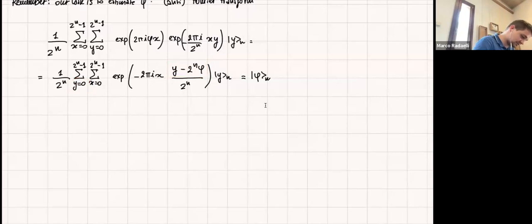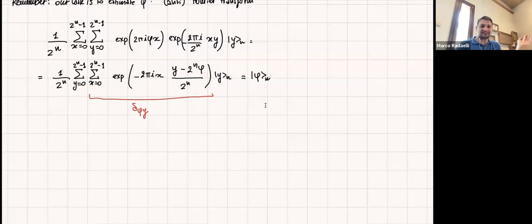Give me a second. What we get here is a representation of a delta function, phi y. This is probably not obvious at all, but you can convince yourself this is true. It's the same thing as an integral representation of Dirac's delta.